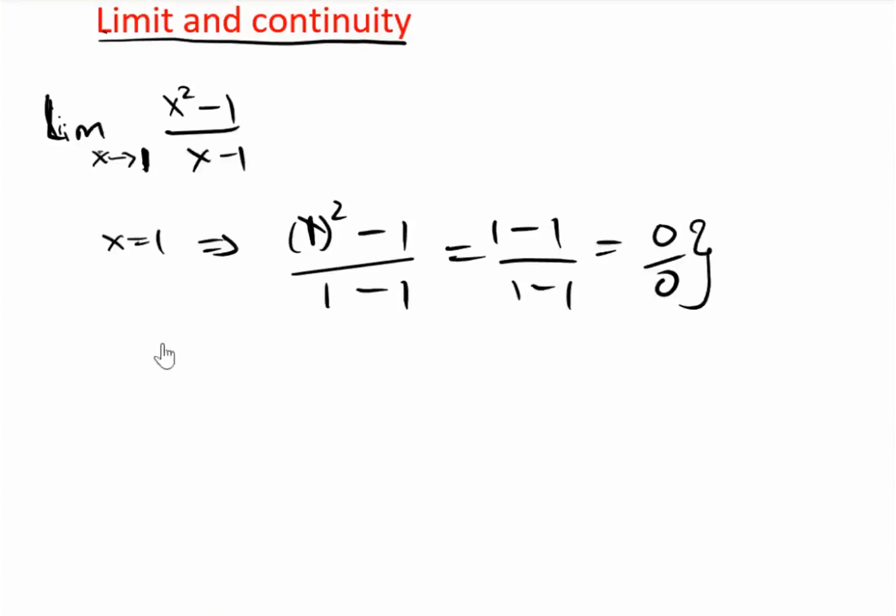But if we choose to use a number close to 1, let's assume x is equal to 0.9.